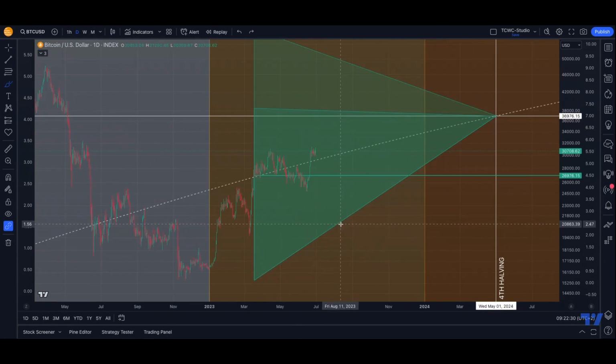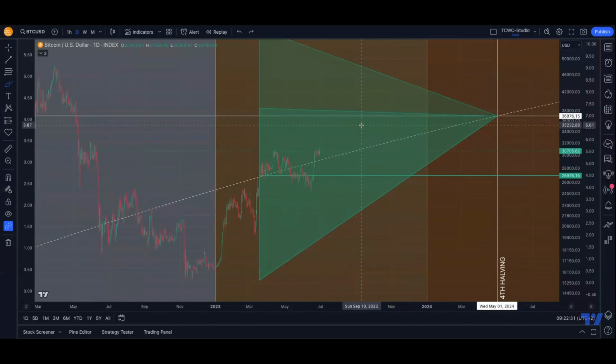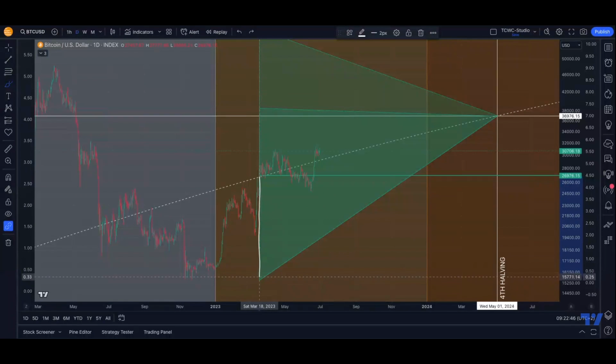And so the way you draw these is the lower cumulus triangle. We're going to start at the start of the bull market, so the category 1 price line and date. And we're going to draw a vertical line straight down to the market cycle low, which was somewhere in here. Okay.